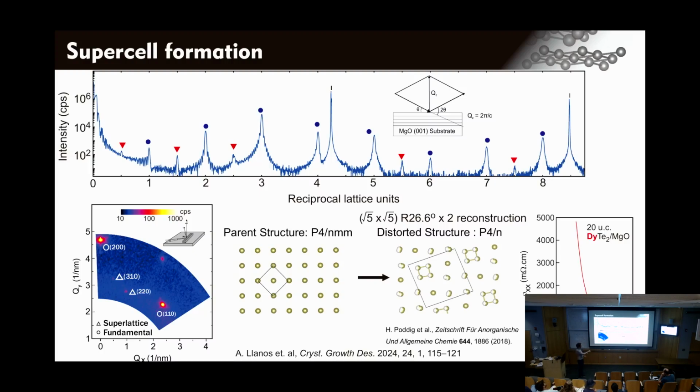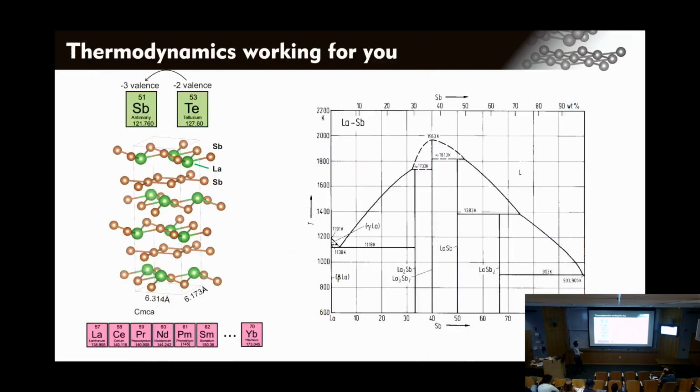Instead of forming the perfect square net you'd expect, which would give you a metal, it forms a root 5 by root 5 superlattice, rotated 26 degrees, which we can detect in diffraction. This modifies the band structure enough that we get a very strong semiconductor. But at least as a proof of concept that these crystals grow, we were very excited. Unfortunately, thermodynamics here works against you and breeds this tellurium deficiency.